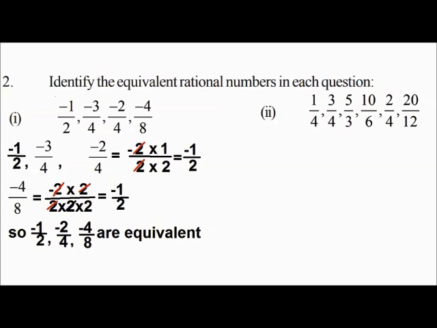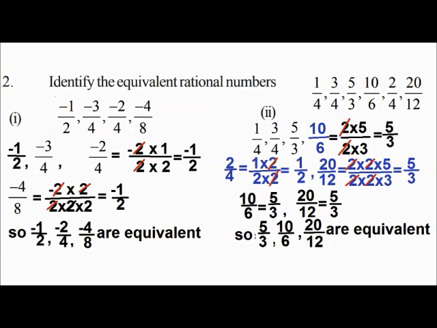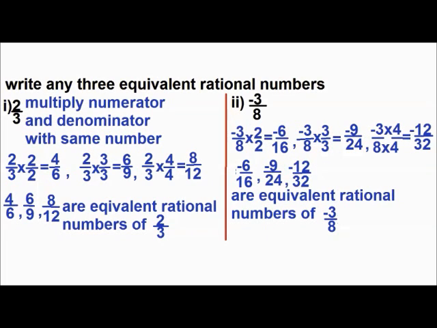And minus 4 by 8 can be written as minus 2 into 2 by 2 into 2 into 2. The 2s get cancelled and it equals minus 1 by 2. So minus 1 by 2, minus 2 by 4, minus 4 by 8 are equivalent fractions. See the other problems and do them in the same way.